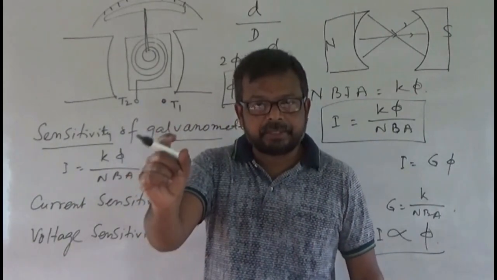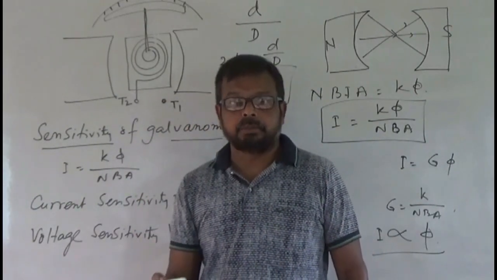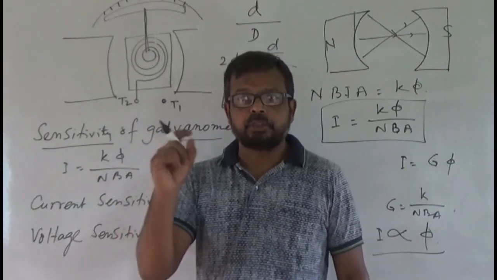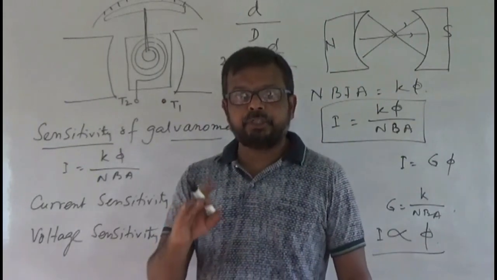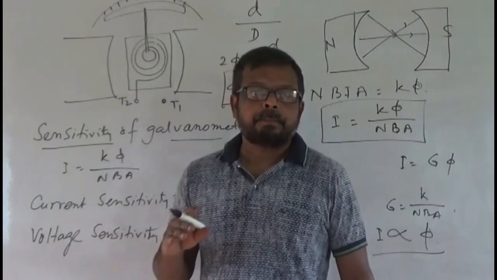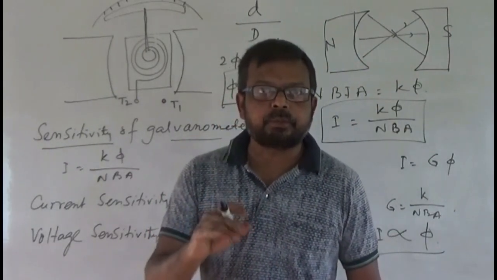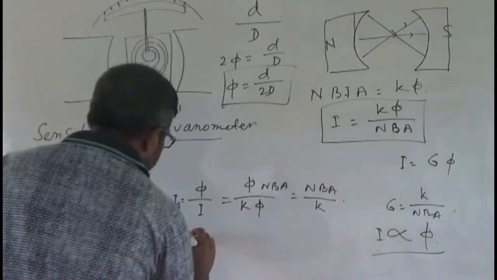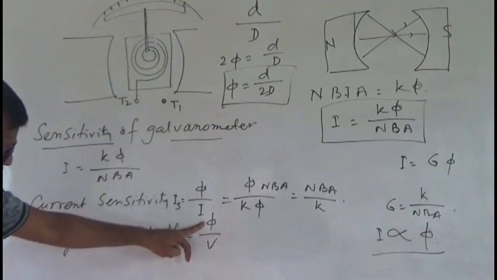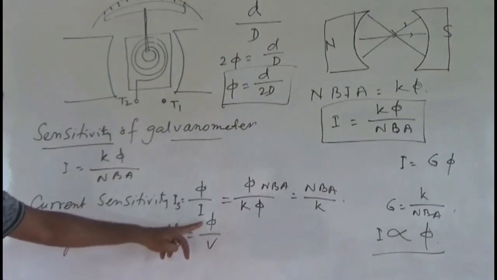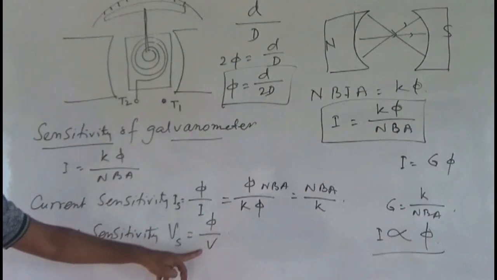Then deflection of the galvanometer divided by the unit voltage, that means 1, is called the voltage sensitivity. That means Vs is equal to this: this is the deflection, this is the voltage applied, that means deflection per unit voltage.